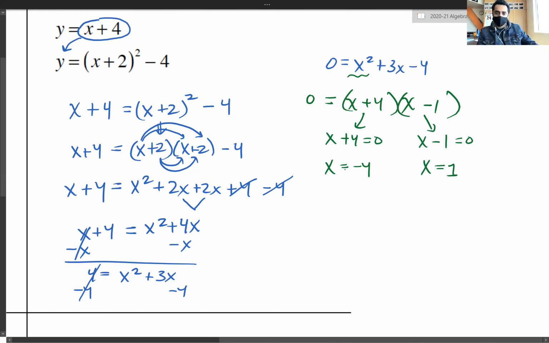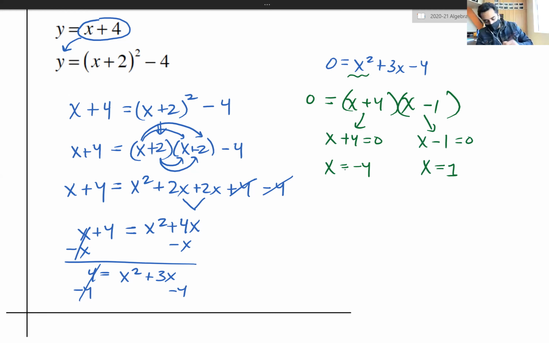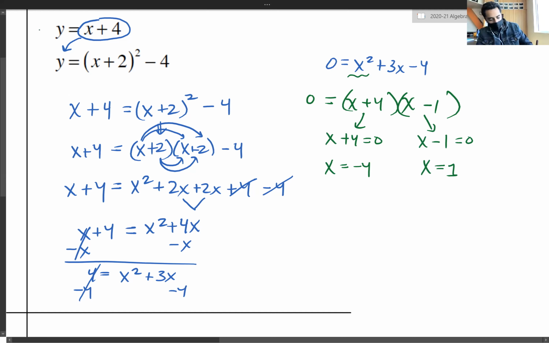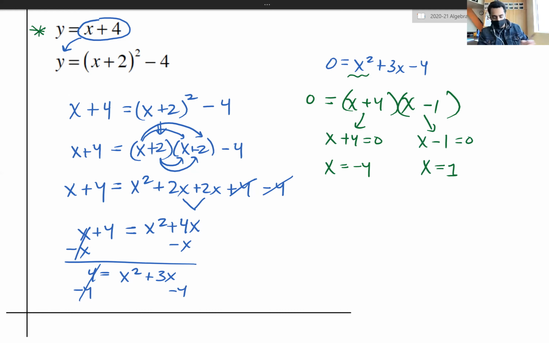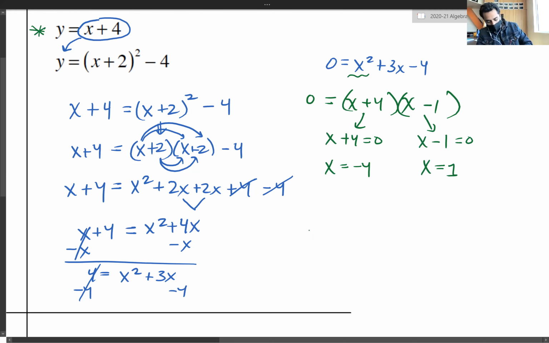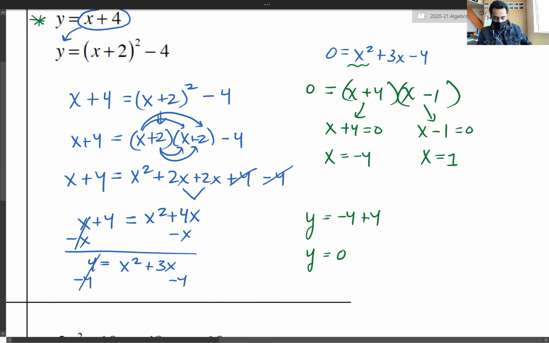If I have negative 4 as an x value, I would need to find out what's the output then, what's the y value. So remember, you get to pick whichever equation you want. I think this one is probably the easiest and the fastest. So we have y would be equal to negative 4 plus 4. So y is actually equal to 0. So I have a coordinate negative 4 comma 0. This is where we should anticipate a solution or an intersection between the quadratic and the line.